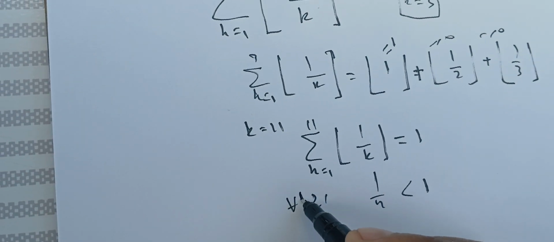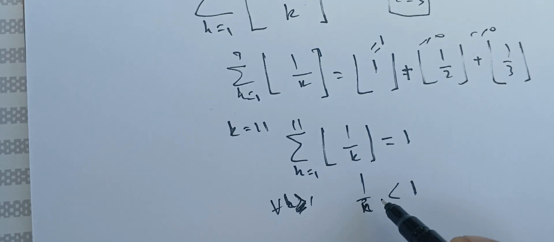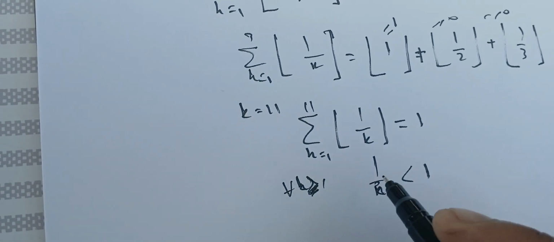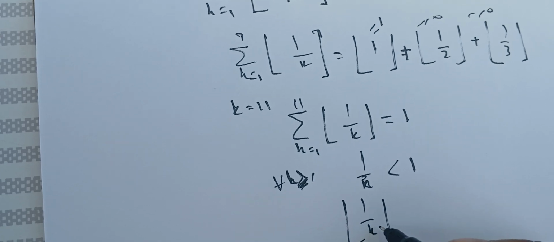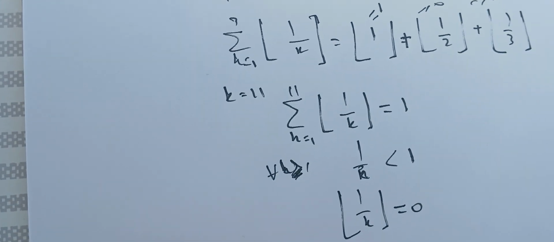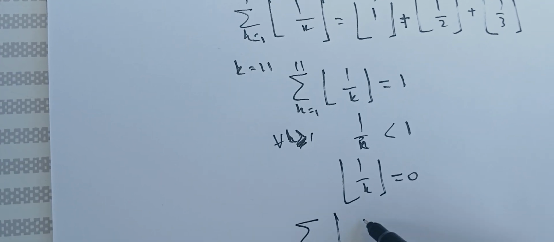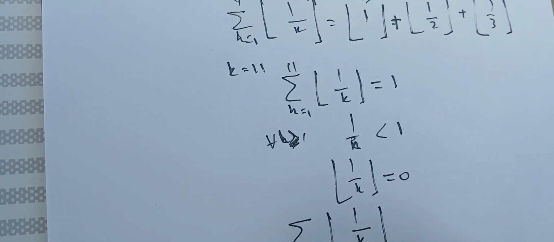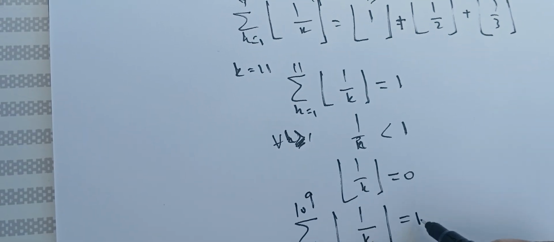Let's say k is strictly bigger than 1. So all the inverses are going to be less than 1, and therefore the floor of 1 over k is going to be 0. So here we deduce that the sum of the floors of 1 over k, where k is going from 1 to 10 to the power 9, is 1.